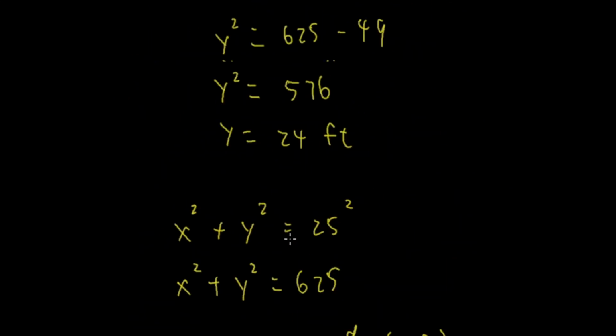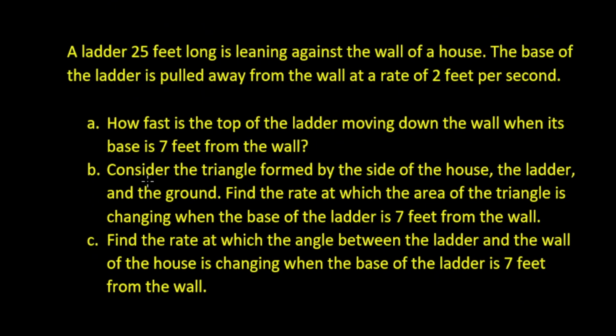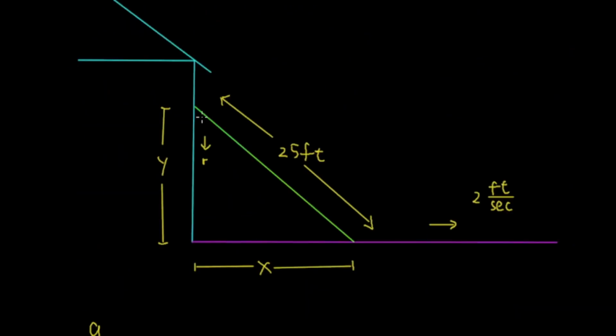Now let's look at what part B is asking. Part B: consider the triangle formed by the side of the house, the ladder, and the ground. Find the rate at which the area of the triangle is changing when the base of the ladder is 7 feet from the wall. So we're looking for the rate of change of the area of the triangle. This triangle is a right triangle.